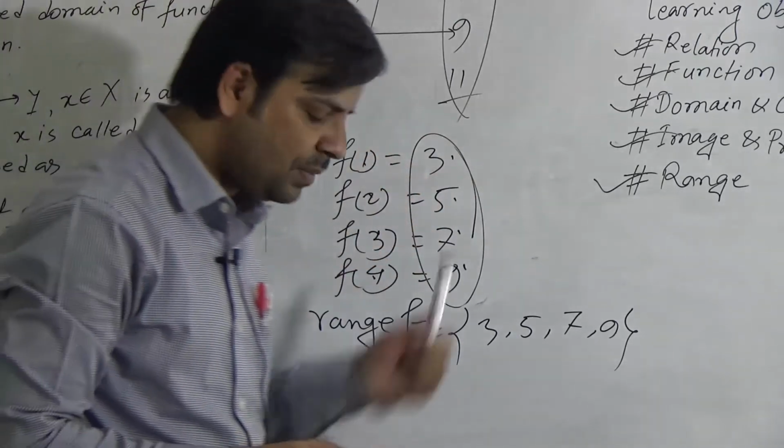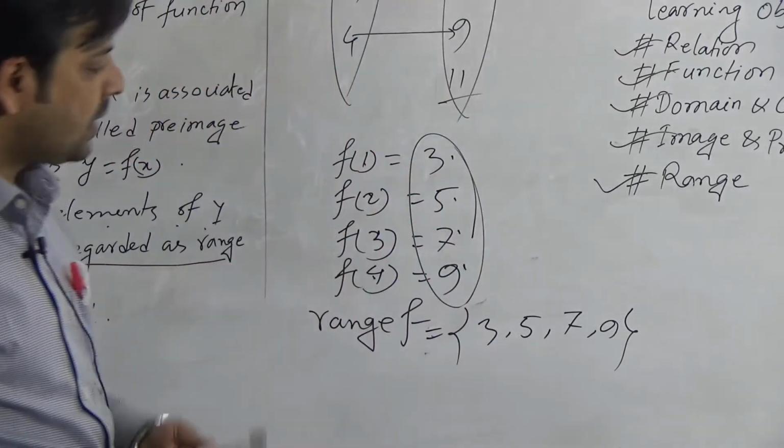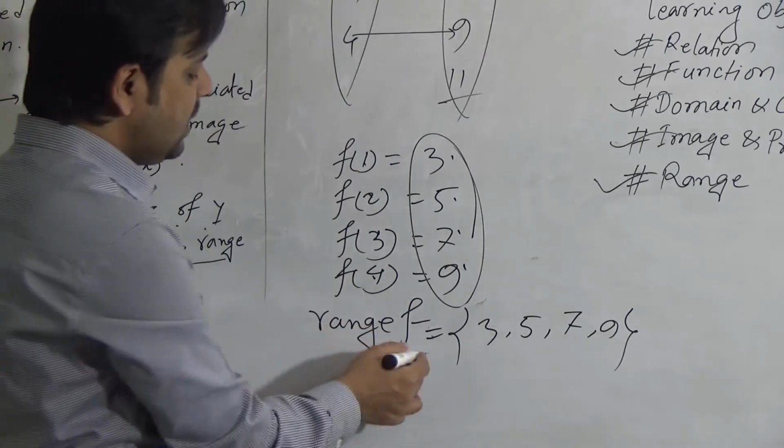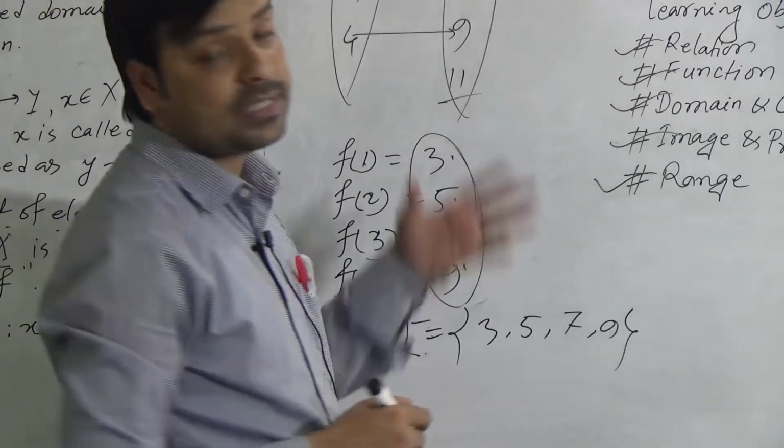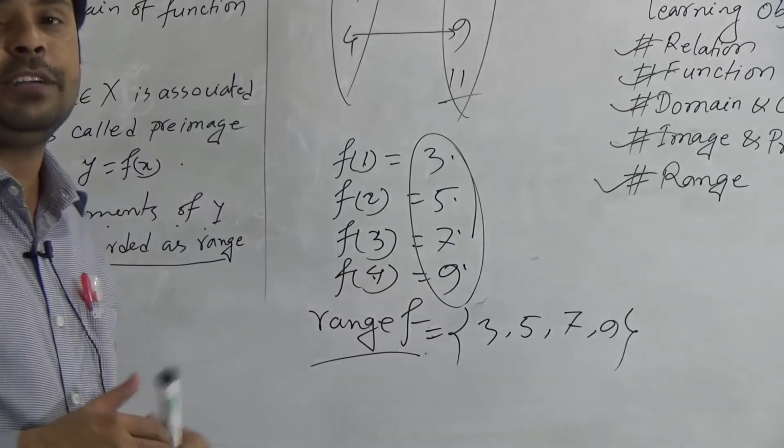Okay, dear students, from this discussion we can say the range and image are different. Range and codomain are different here.